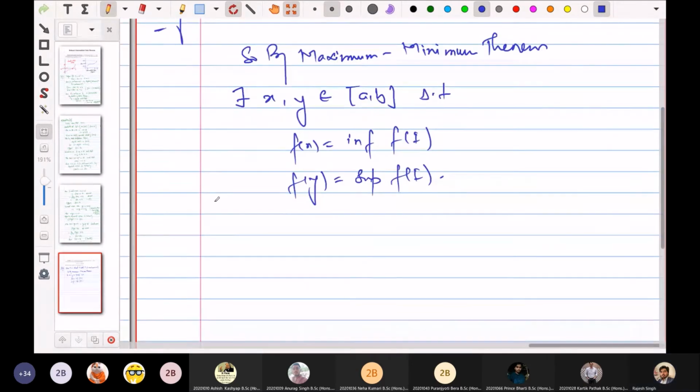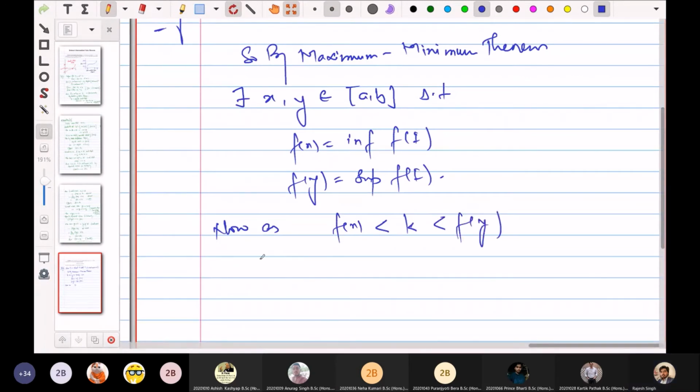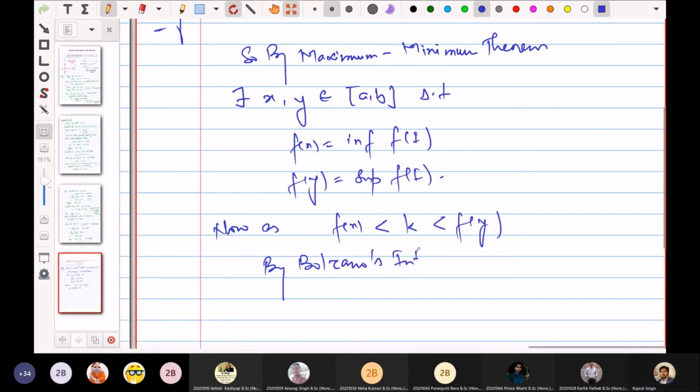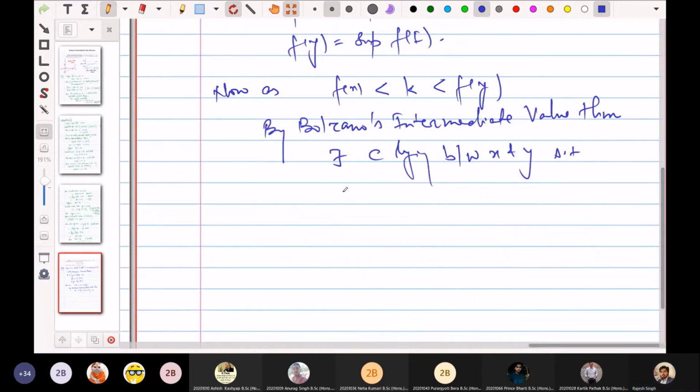Now as f(x) is less than k less than f(y), by Bolzano's intermediate value theorem, what will we have? There exists c belonging to I, c lying between x and y, such that f(c) is equal to k.